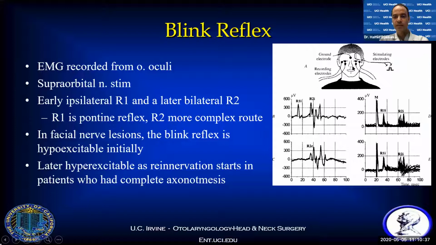So the basic idea is you stimulate in the supraorbital area, electric stimulation there, and then you record the blink using an EMG. There are two recordings that you will make, the so-called R1 and then the R2. The R1 is a rapid single neuron kind of reflex, and then the R2 kind of goes down a little bit in the brainstem and comes back up, and it's a little delayed.